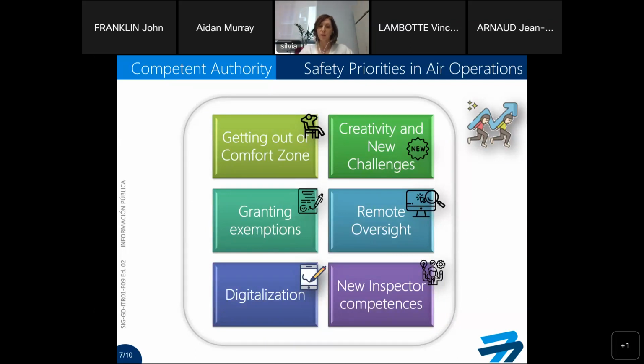We have granted exemptions to allow new operations while ensuring safety. Only in Spain, in the last 2 years, more than 200 exemptions were granted, including not only operations, but also aircrew and airworthiness requirements. We have reviewed the inspection procedures to start performing remote oversight.